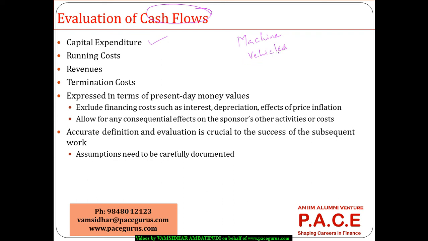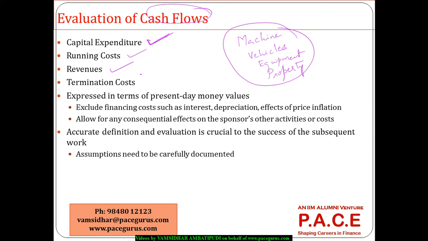Probably I could think of plant, equipment or property. These are all assets that I can use over multiple financial periods, so we call them capital expenditures. So we make a note of the capital expenditure, how much is done at what point in time. The regular running costs, which are the operational expenses, at what point in time, what are the operational expenses.